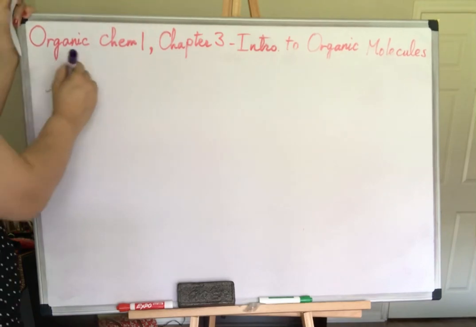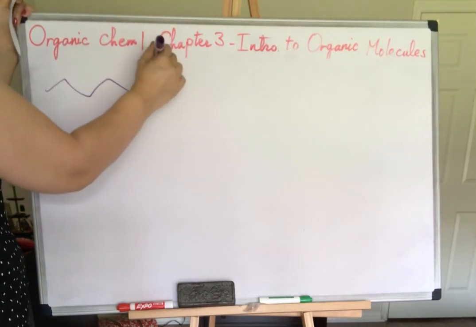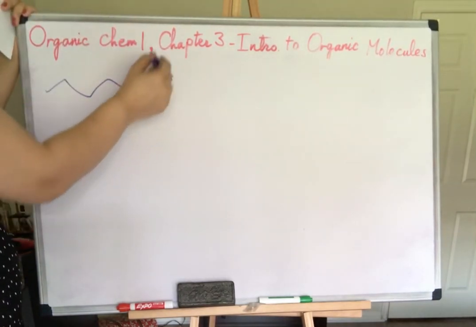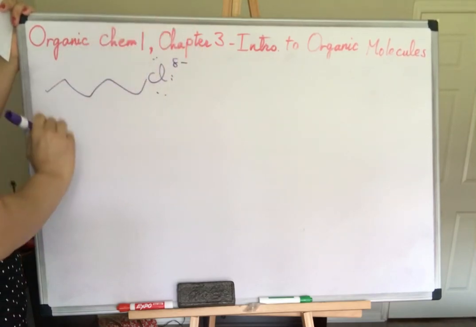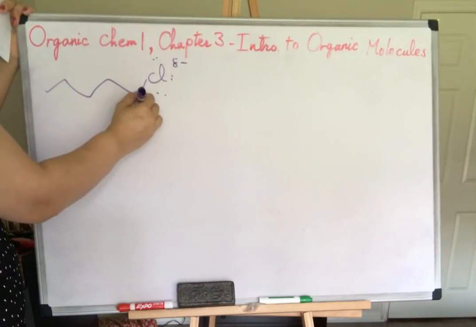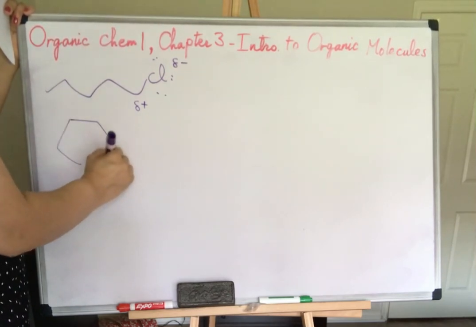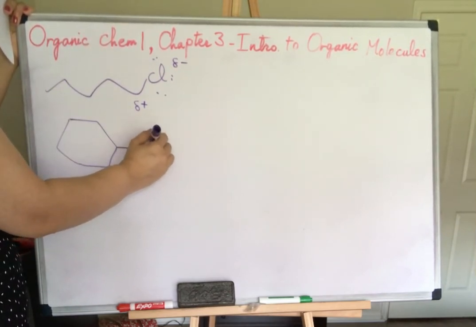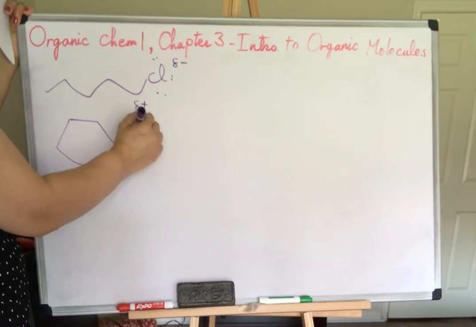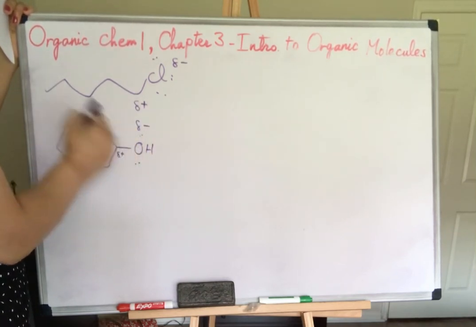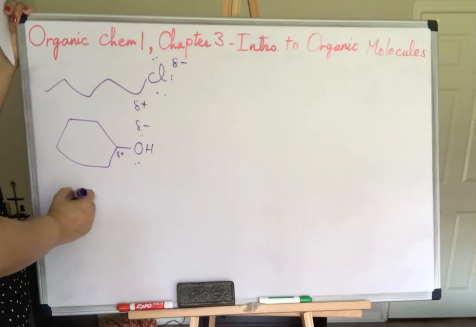So for example, if you have this alkyl halide, this is an electronegative element, so it's a partially negative side and it makes the carbon partially positive. Or if you have OH somewhere, oxygen is partially negative and the carbon is partially positive.